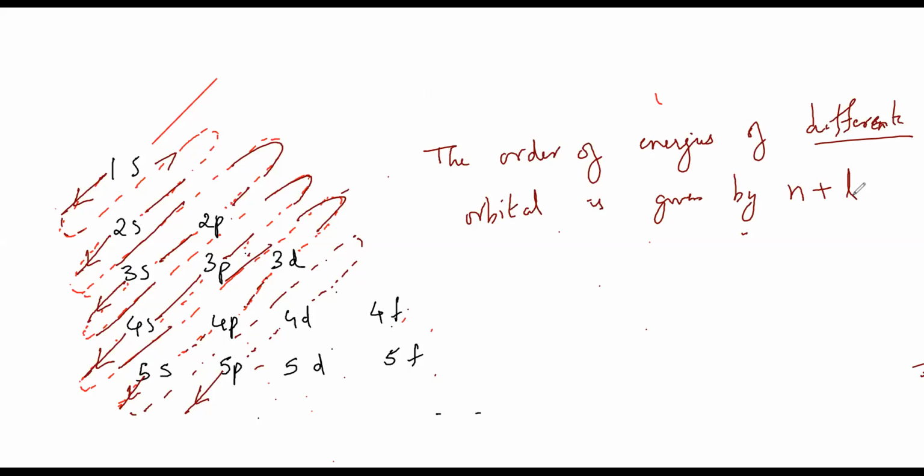Fine. I hope everyone knows what n is, what l is and everything. Correct. n is my principal quantum number. l is my azimuthal quantum number.